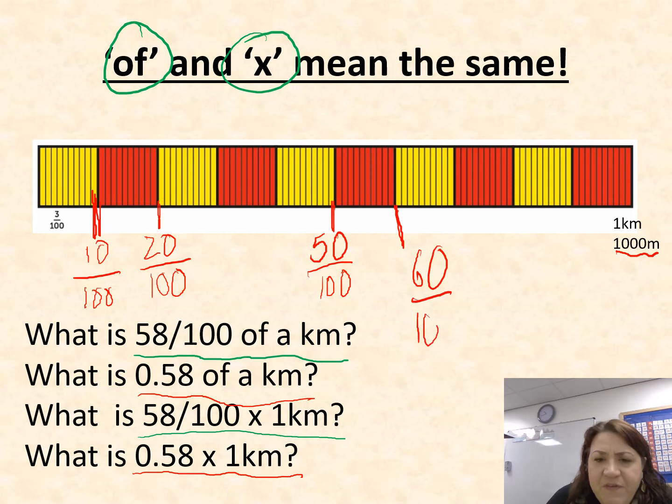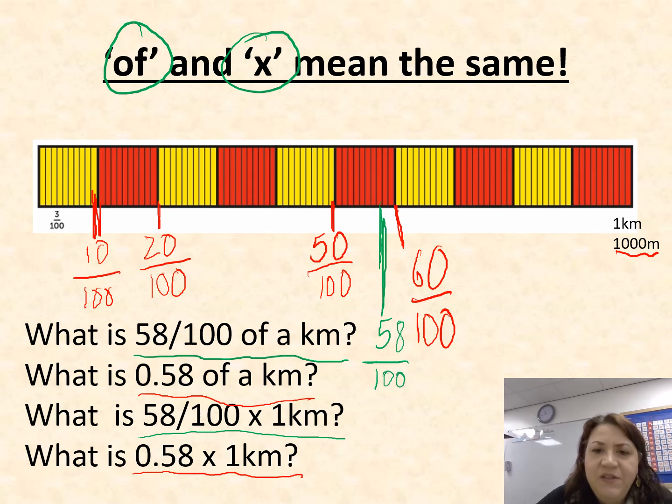But we want 58 out of 100. Where do you think 58 would be? Well, it's going to be between 50 and 60 hundredths, isn't it? So 58, I think, would be there. I think that is going to be 58 out of 100, 58 hundredths.